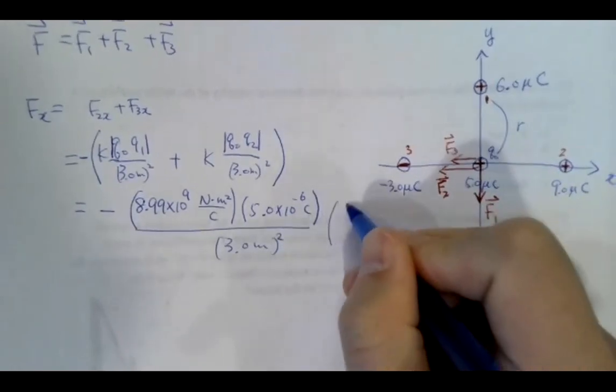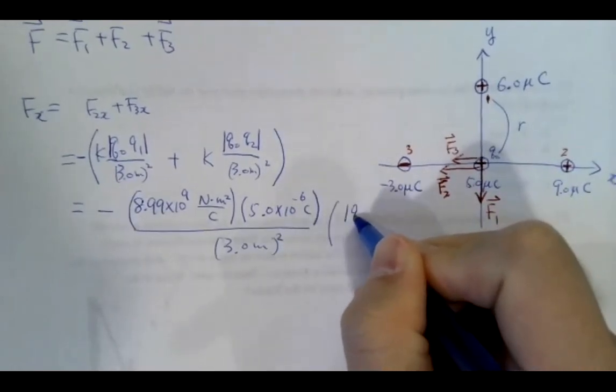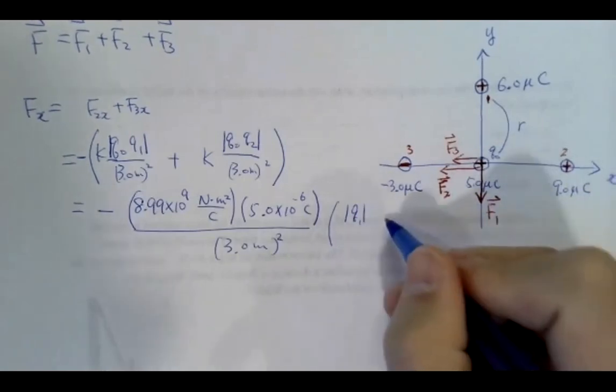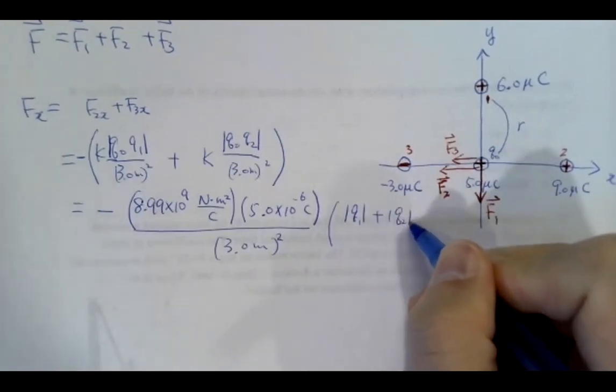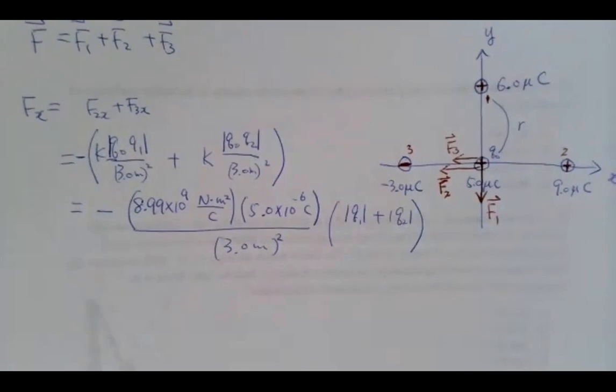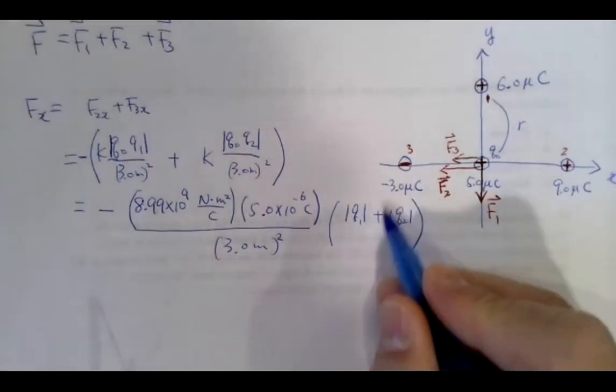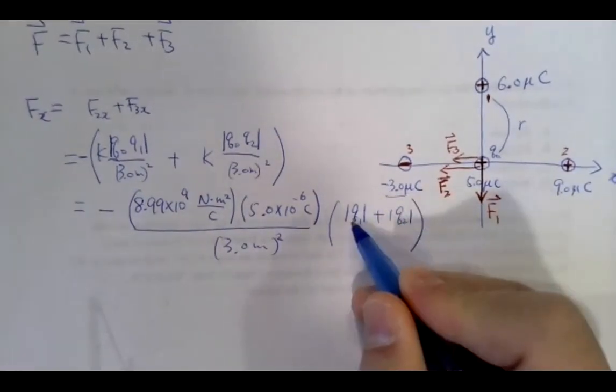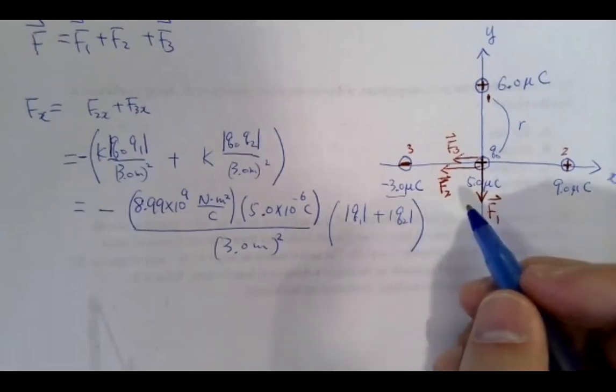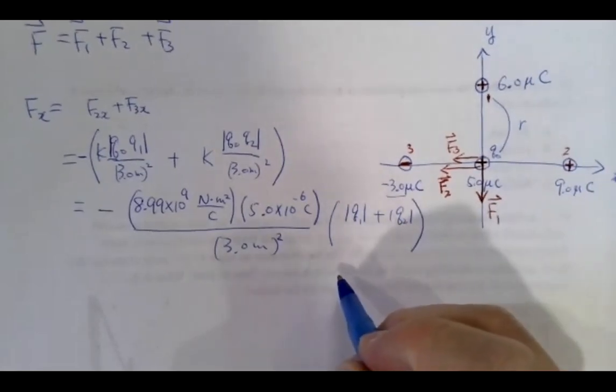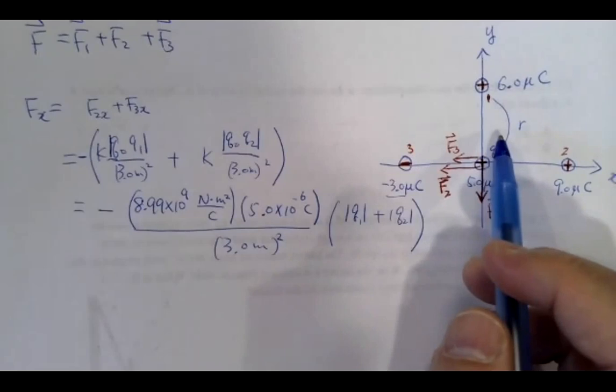So then it will be basically Q1 plus Q2, absolute values. So, all right, this is 3 minus 3. You take absolute value. Oh, actually, I'm sorry, should be looking for the x direction.